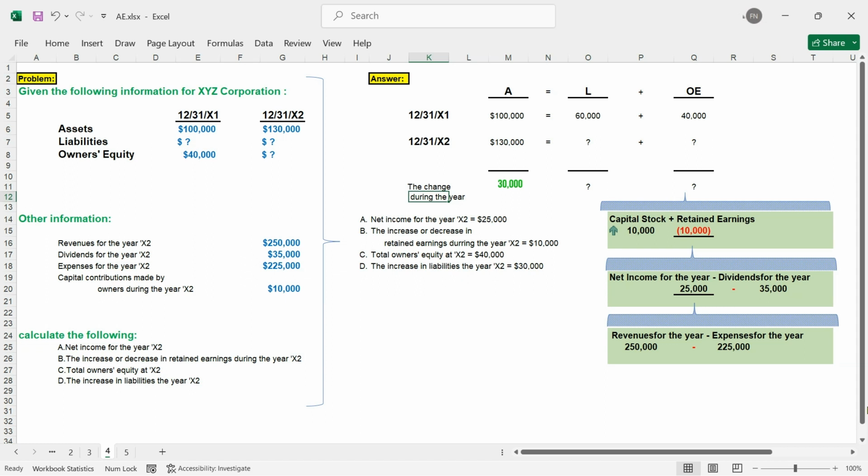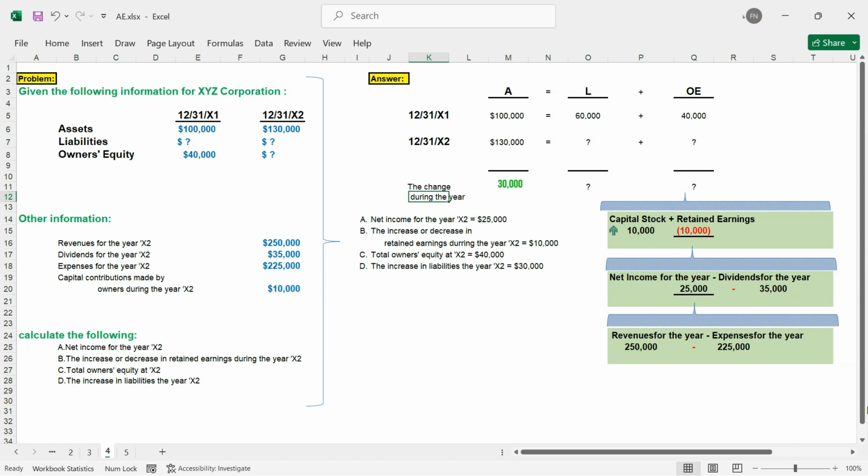But I did realize that I can expand down in this diagram to explain the change in owner's equity a different way. If we can identify the change, or increase or decrease, in capital stock or capital contributions during the year, plus any change in retained earnings for the year X2, then that would be another way to determine any change in owner's equity. They do provide information that the change in capital stock or capital contributions during the year amounted to an increase of $10,000.